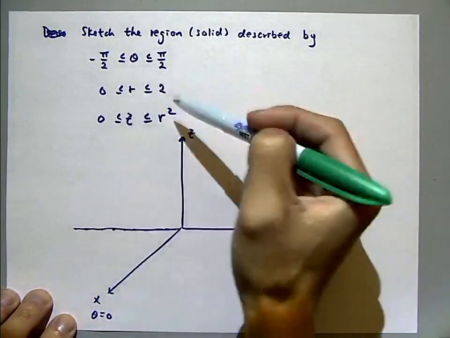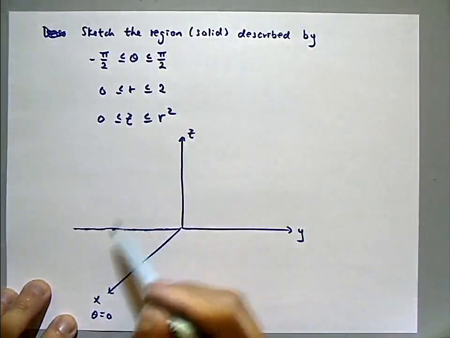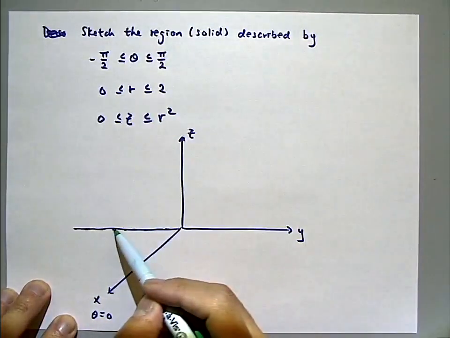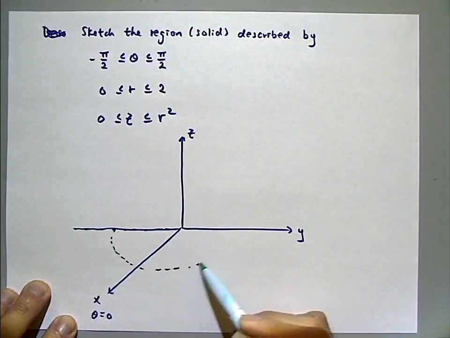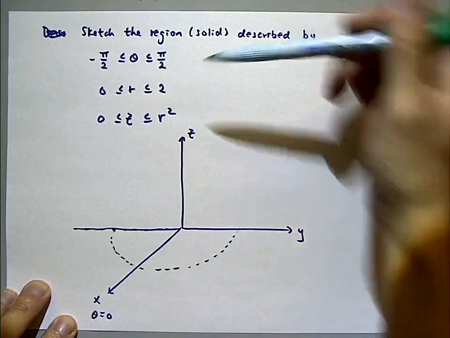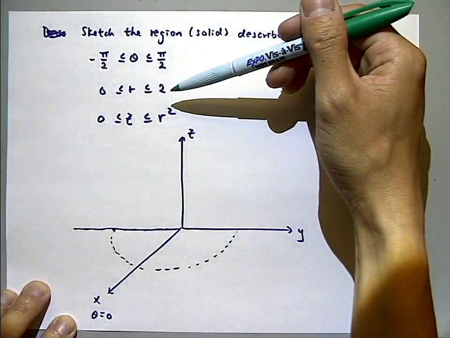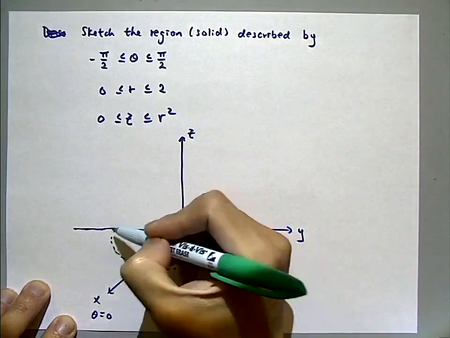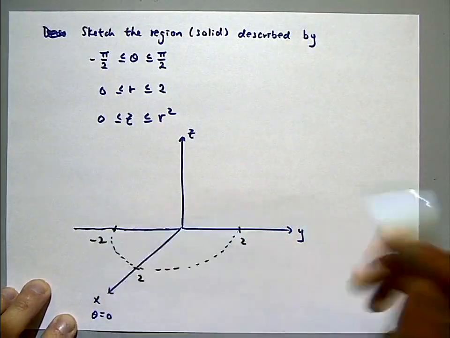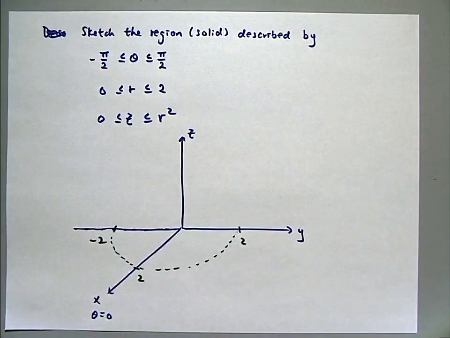Okay? So on the x and y plane, we're going to be looking at a half circle with a radius of 2. So 2 here, negative 2. All right?